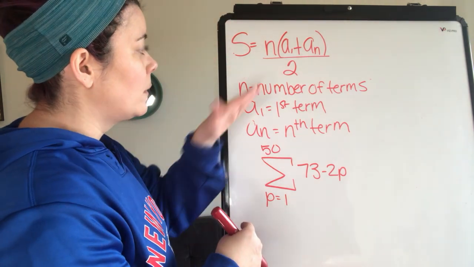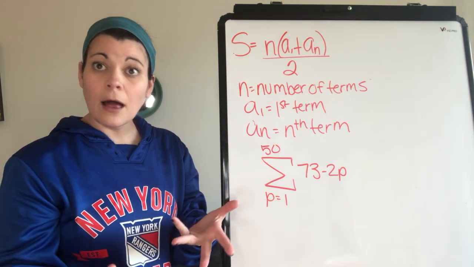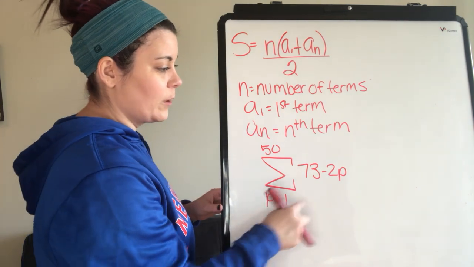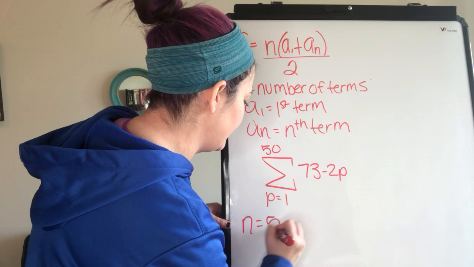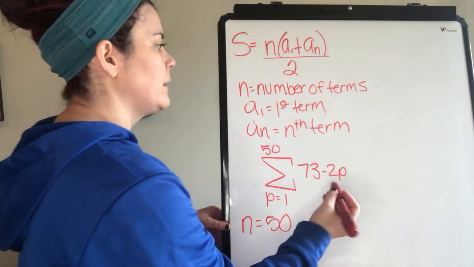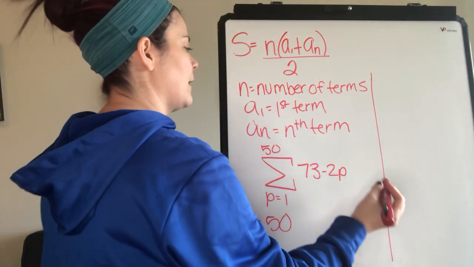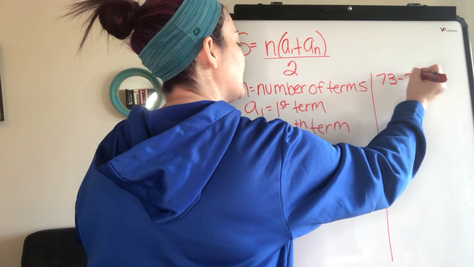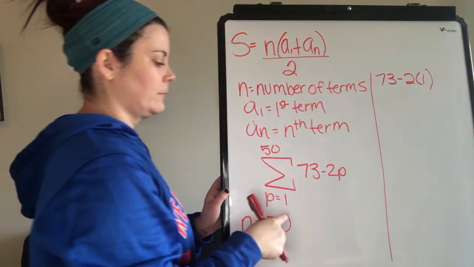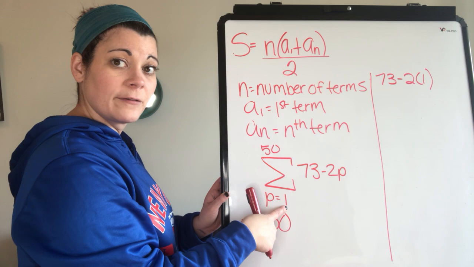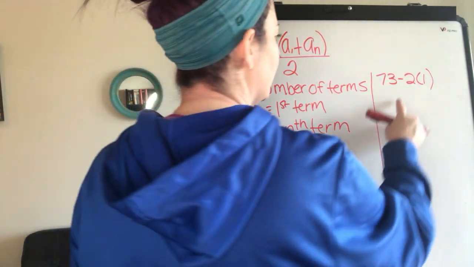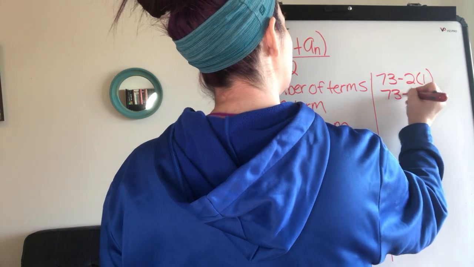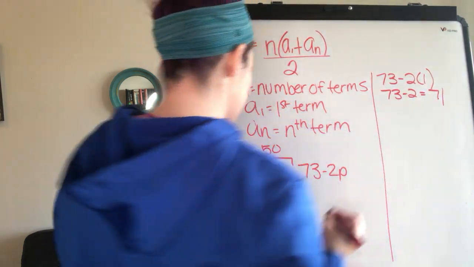And we don't know what A1 is, but we can solve for A1 by plugging in 1 for p. So n represents 50. Let's solve for A1. So 73 minus 2 times 1, because if we plug in 1, that is the first term. 73 minus 2 is equal to 71.